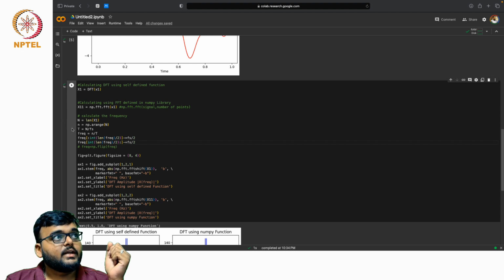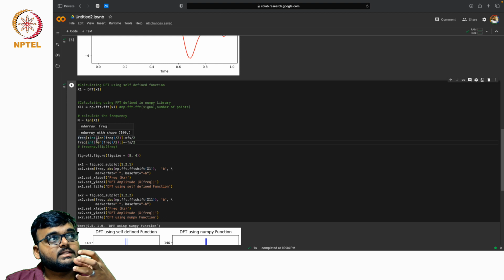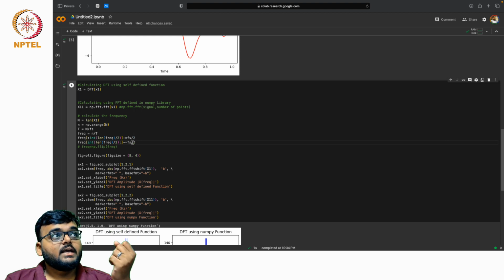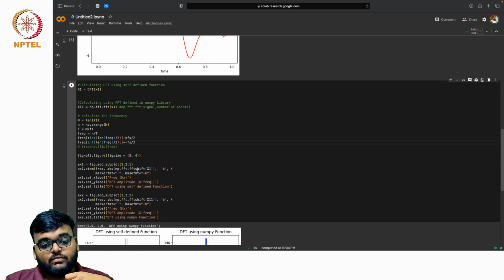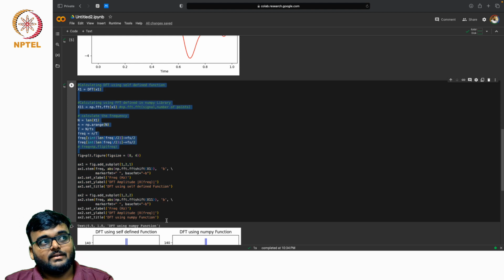The first half is the positive frequency and the second half is the negative frequency. We have done a kind of folding here, and we use something called FFT shift to fold it. So what will happen if we don't do that?